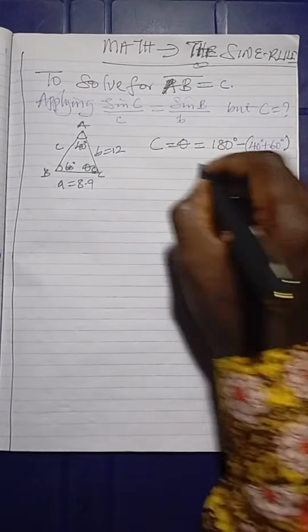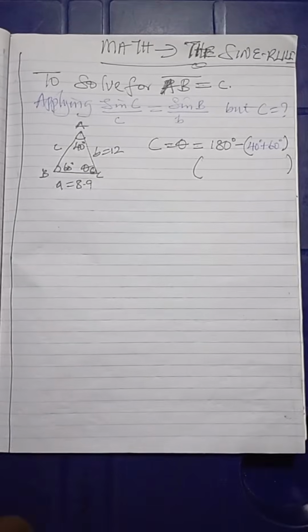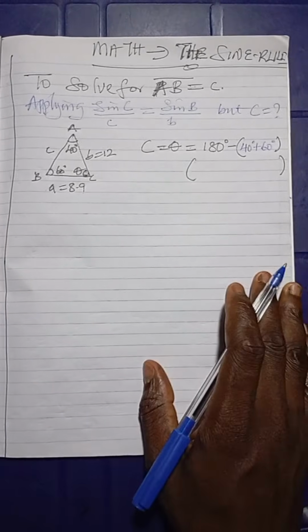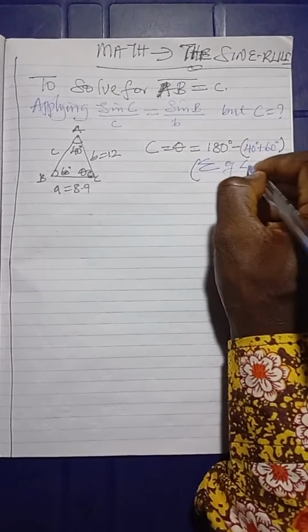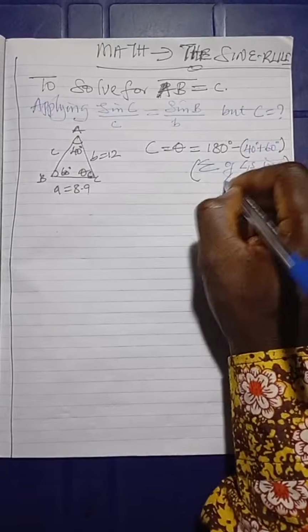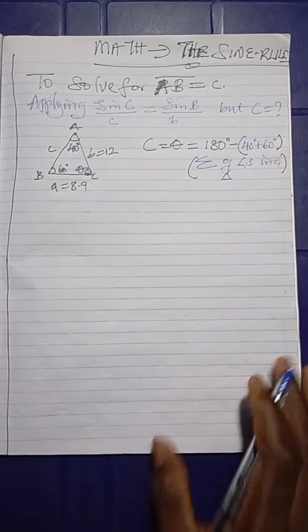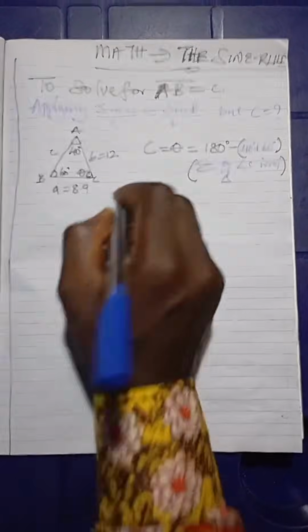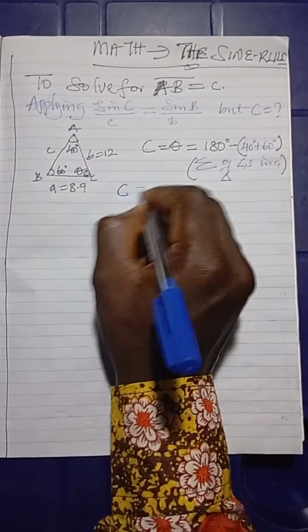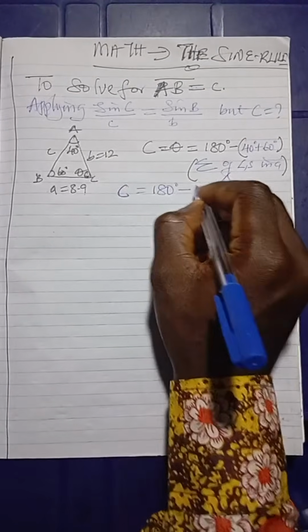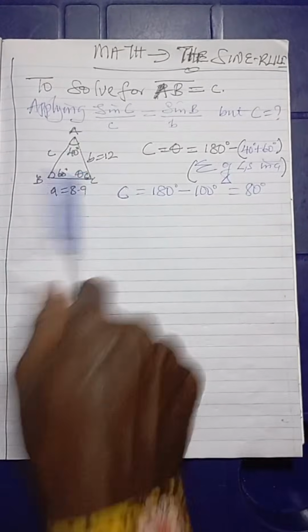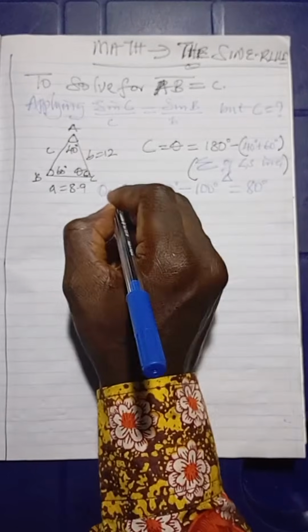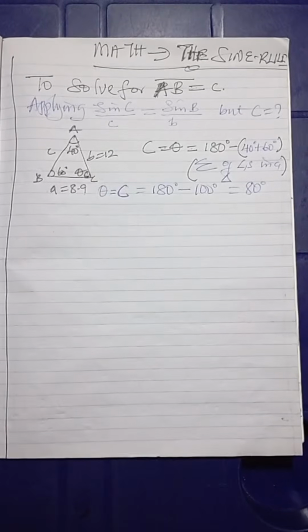So what's the reason? Sum of angles in a triangle. Good. So C is 180 degrees minus 100. This is 80 degrees. So the value of this theta is 80 degrees.